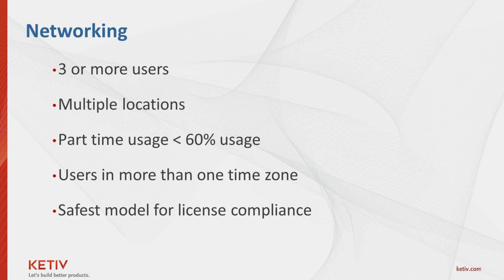And really, how you can use that information is one thing we've seen customers doing. If you are in an environment where you have 3 or more users, you have multiple locations, maybe you have part-time users who are using software less than 60% of the time, let's say, or you have multiple facilities, maybe global facilities where you share time zones, make sure you consider networking your perpetual licenses.